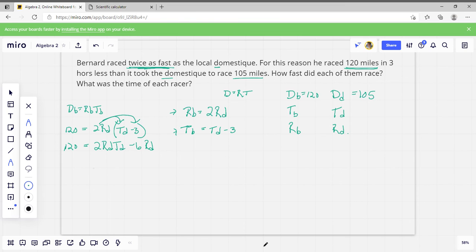Okay, now we need to replace that variable. So that means that would be the distance D, which is 105. So 120 equals 2 times 105 minus 6 RD. 120 equals, that would be 210 minus 6 RD.